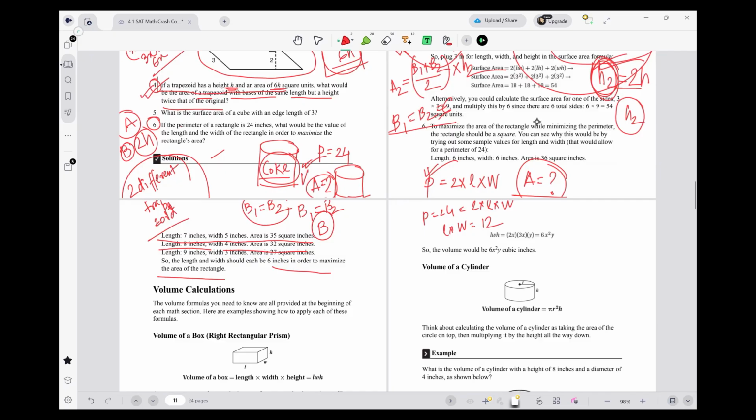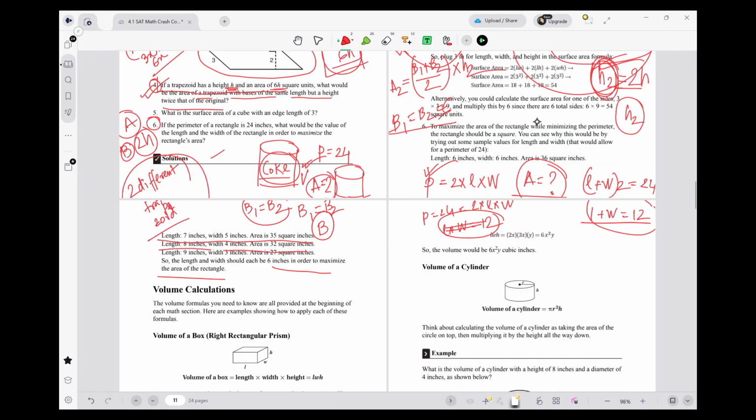Wait, I'm sorry. L plus W, times 2, equals 24. L plus W equals 12. Not L multiplied by W equals 12. L plus W equals 12.